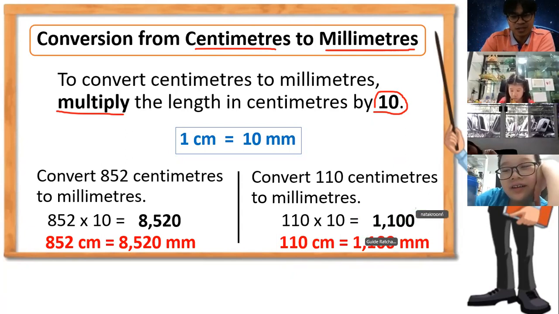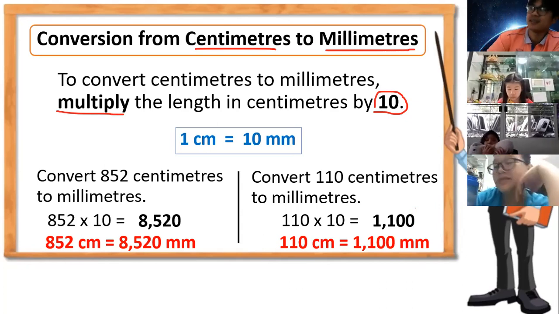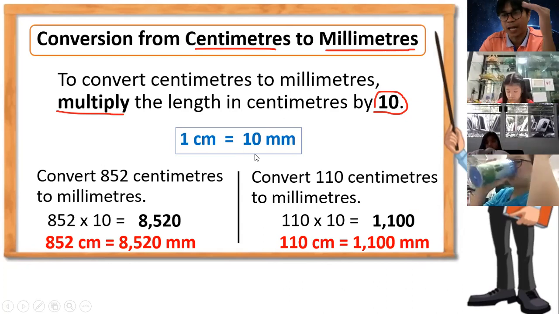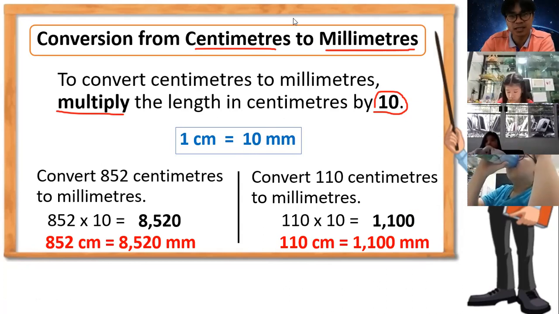So 110 centimeters equals 1,100 millimeters. So remember, times 10.